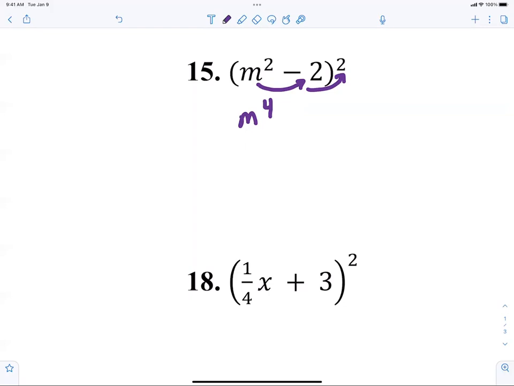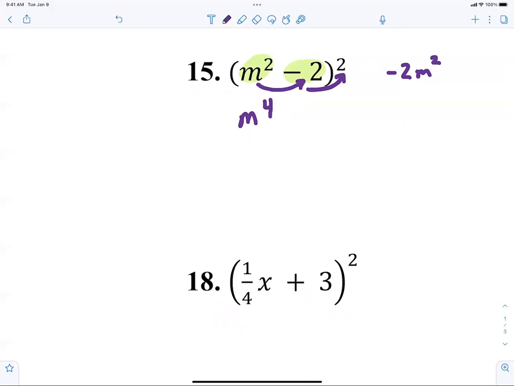No, you're just multiplying these two things together. What's that? Negative 2m squared. Then you're multiplying that by what? Multiply by 2.